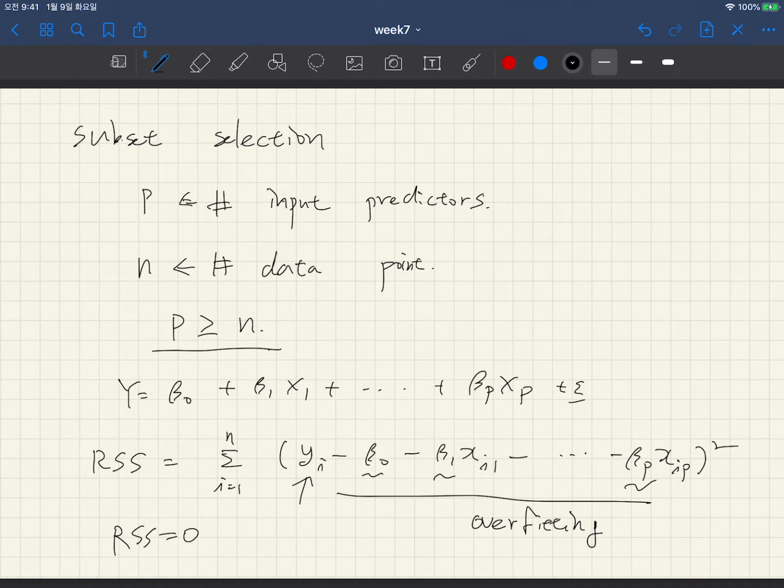We don't know how many input predictors are key to predict the output, right? So we have to learn some kind of model selection algorithm.